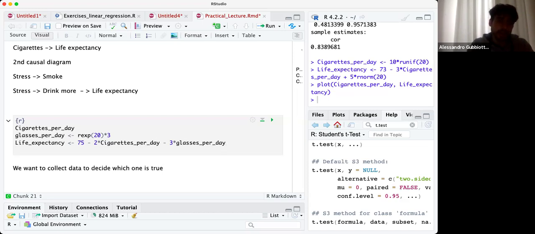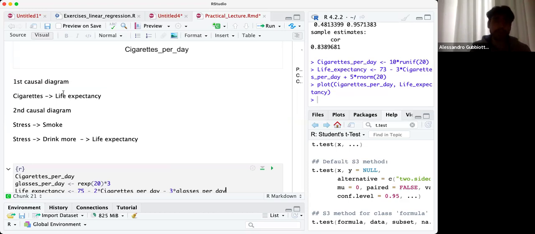This is an explanation that confirms the first diagram.